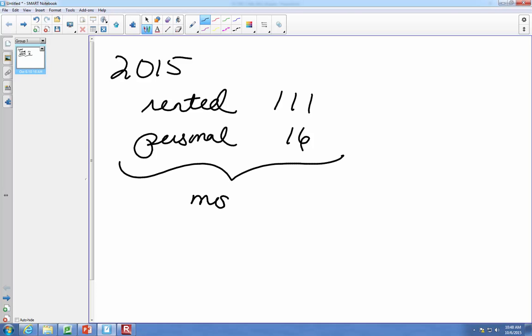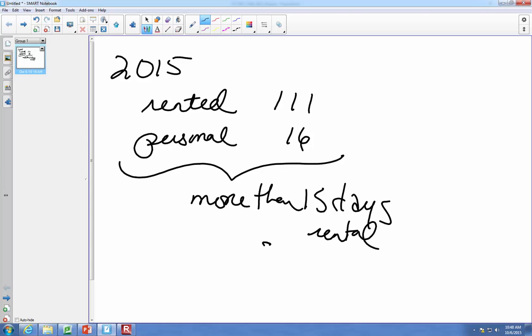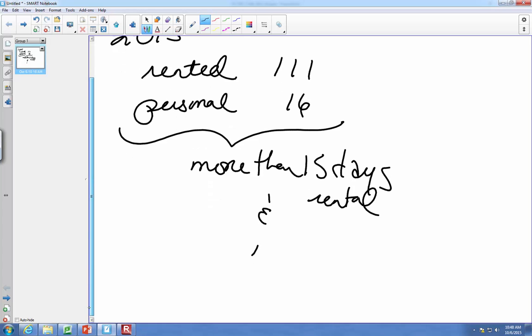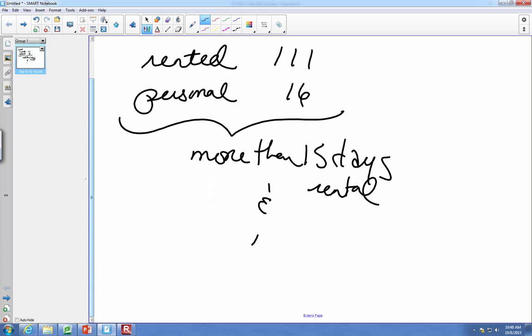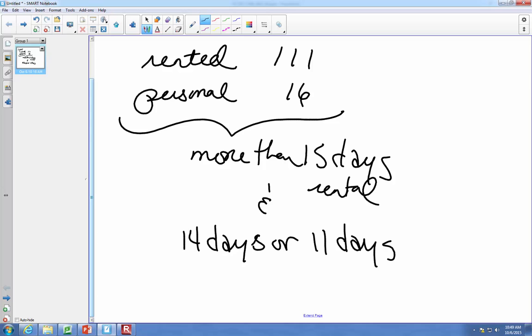So they did do more than 15 days of rental. And, okay, what's greater, 14 days or what's 10% of rental days? So first you have to compare these two numbers, and then just take the greater.